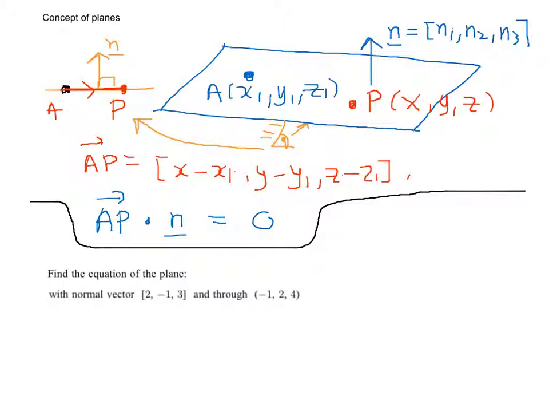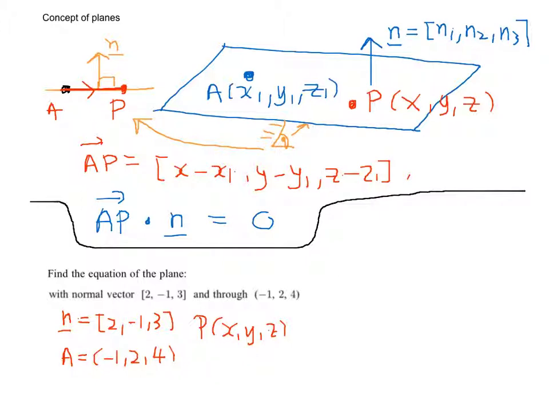So let's write down that n is 2, negative 1, 3, and we let A be negative 1, 2, 4, and we assume that there is a point P, although it's not given here, and let its coordinates be x, y, z.